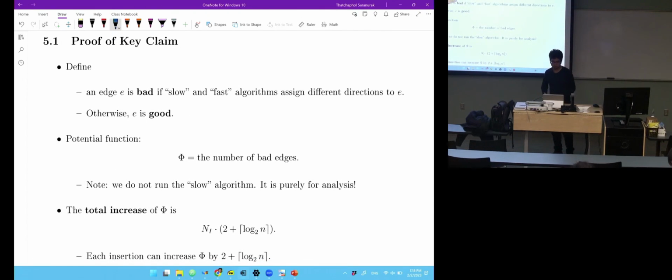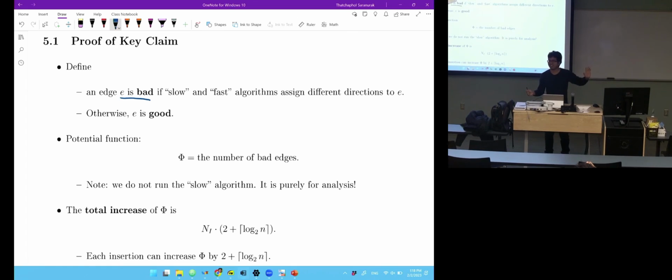So what I will do is define an edge to be bad if the slow and fast algorithms assign different directions to an edge. This is important. You run the fast algorithm, and you just imagine that you run the slow algorithm. The slow algorithm is just for your analysis.